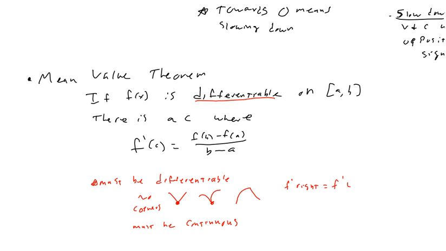That's what differentiable means. And if you're differentiable, you're automatically continuous. If you're not continuous, then you can't be differentiable. So it has to be differentiable, I mean no sharp corners. If there's a corner, it doesn't exist.